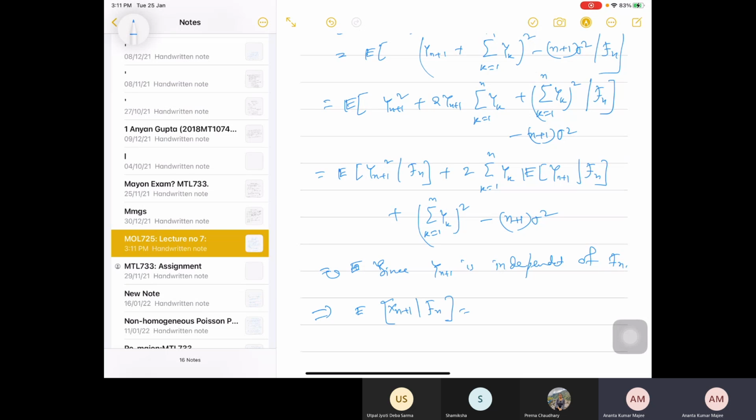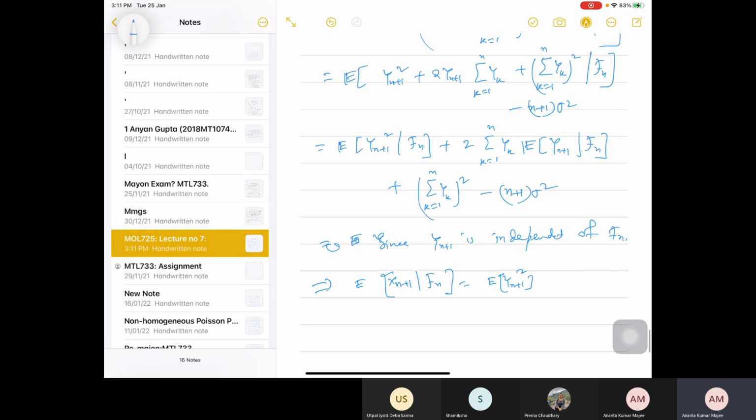This is the expectation of y n plus 1 square, plus 2 summation over k equal to 1 to n of yk times the expectation of y n plus 1, and then plus.